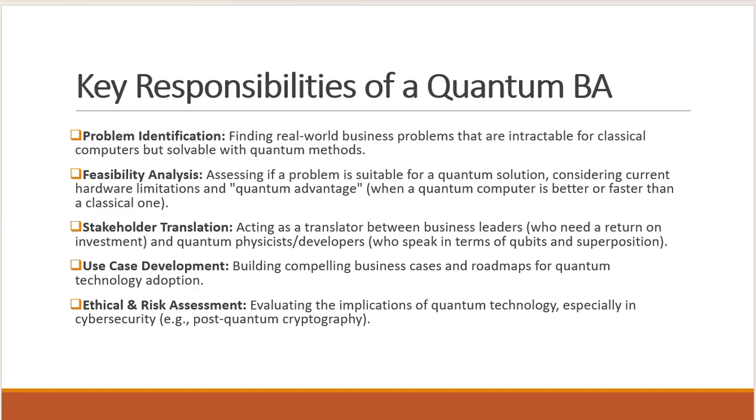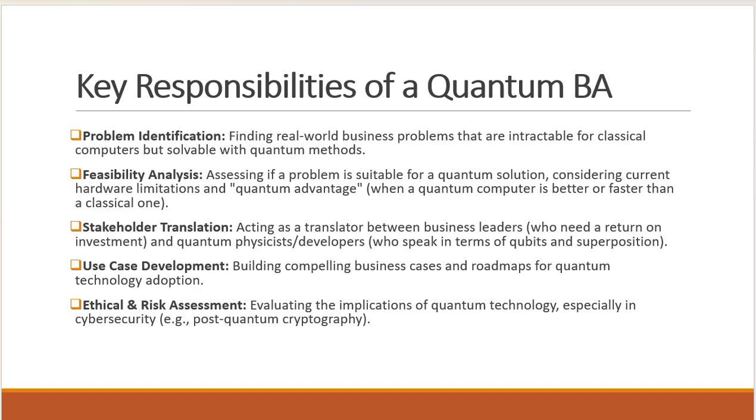And the feasibility study is an important thing, as I already told you: assessing whether the problem is suitable for a quantum solution or not. After applying the resources or the method, can that problem be solved by quantum techniques? Is it feasible, considering the current hardware limitations and the quantum advantage, when the quantum computer is better and faster than the classical computer, and is highly secure?